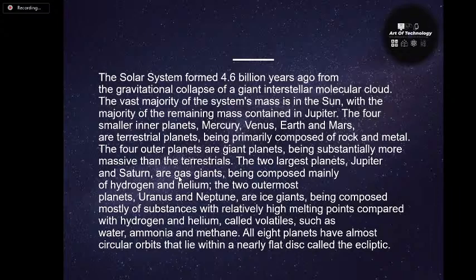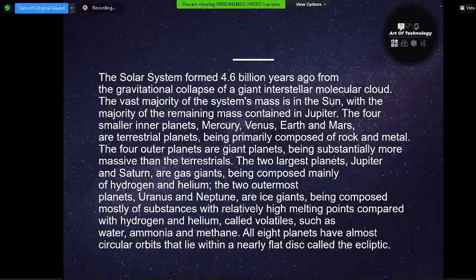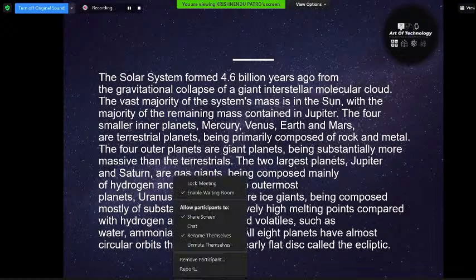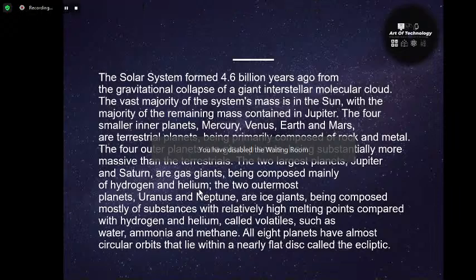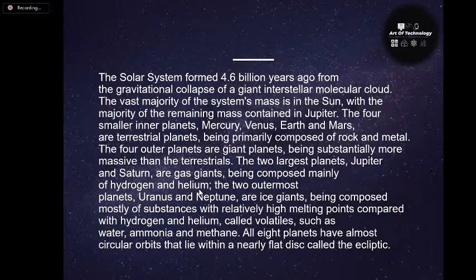The two largest planets, Jupiter and Saturn, are gas giants, being composed mainly of hydrogen and helium. The two outermost planets, Uranus and Neptune, are ice giants, being composed mostly of substances with relatively high melting points compared with hydrogen and helium, called volatiles, such as water, ammonia, and methane. All eight planets have almost circular orbits that lie within a nearly flat disk called the ecliptic.